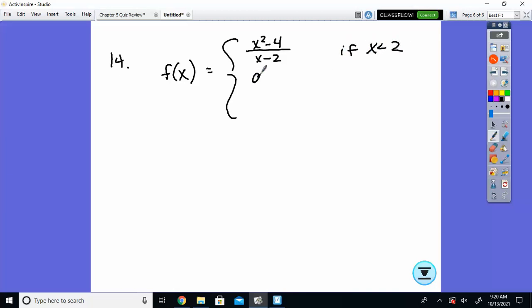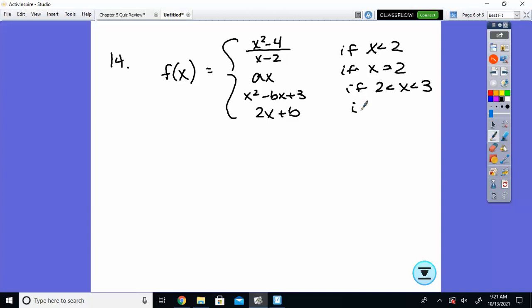So we have this piece if x is less than 2. We have this piece if x equals 2. And this piece if you are between 2 and 3. And this piece if it's bigger than 3. Okay.